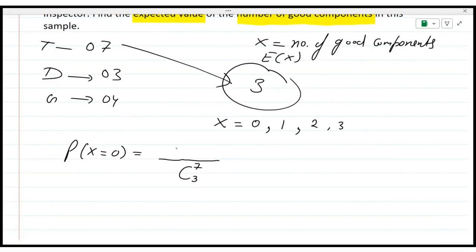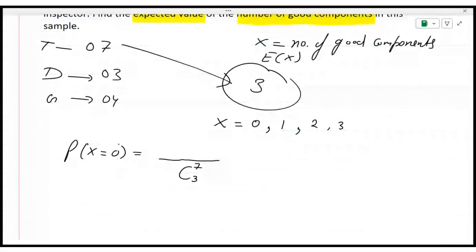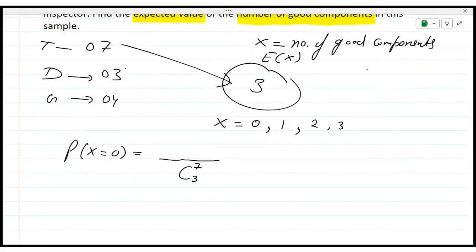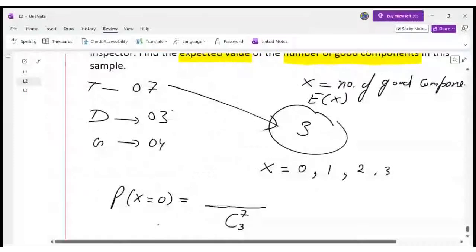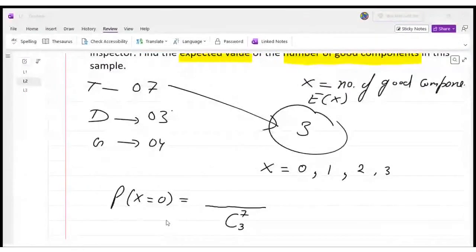Now we want x equal to 0, which means 0 good, so we want all 3 components to be defective. In how many ways can we select 3 defective components? Can somebody tell me this? If you are present, please try to participate in this class. Yeah, 3C3, very good. Himanshu Kumar has already written it, right? Good.